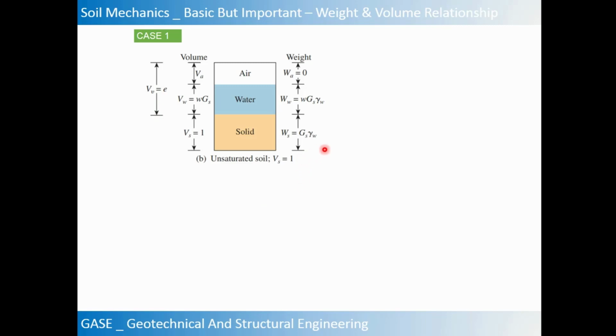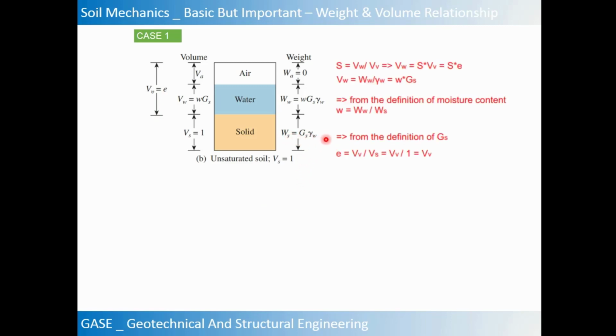And to explain this formula, this is from the definition of the Gs. Gs is the specific gravity, the ratio of the unit weight of solid soil to the unit weight of water.